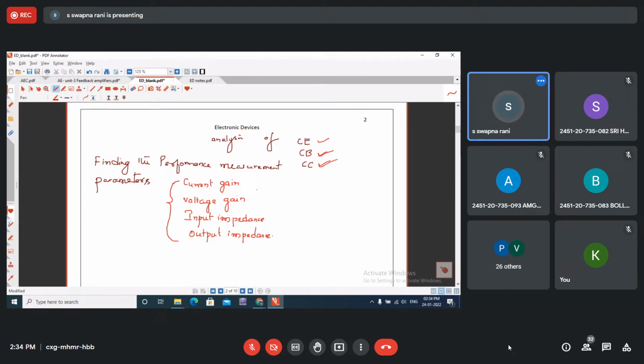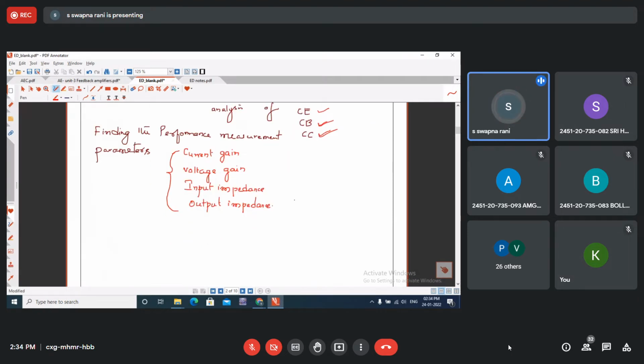In addition, once we derive these parameters, we will know the applications of each amplifier, based on the current gain, voltage gain, and input and output impedances. Using the knowledge of these parameters, you can compare them and also know where we can use them.